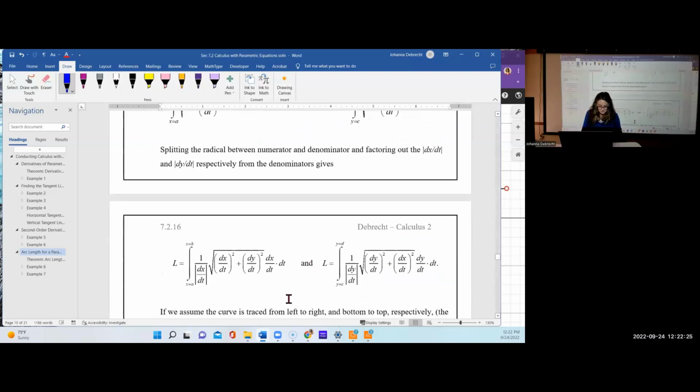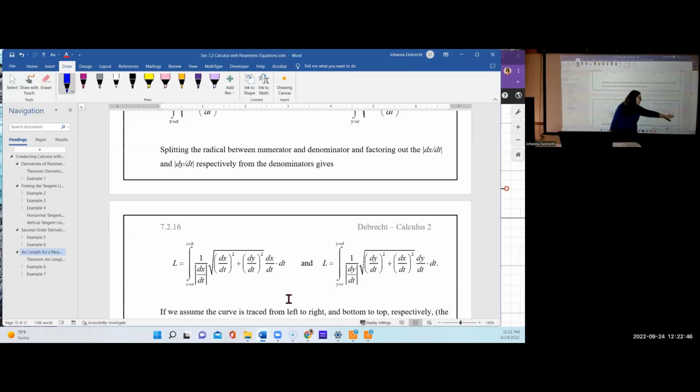So once we have that, we take the square root of the denominators, we slide these out. You can see this is a dx/dt in the denominator, and you have a dx/dt in the numerator. You know they're going to cancel, and that's going to give you something in terms of dt. Over here we have a dy/dt in the denominator, and we have a dy/dt in the numerator.